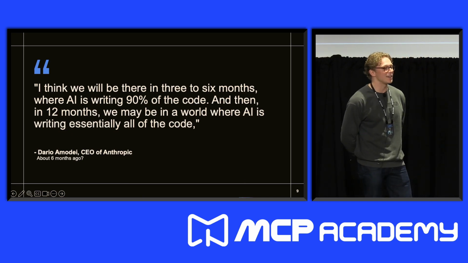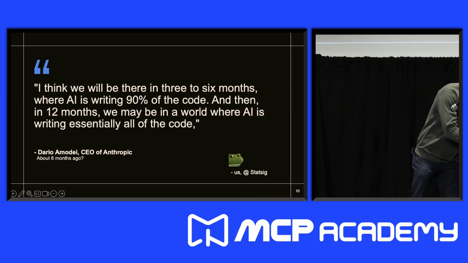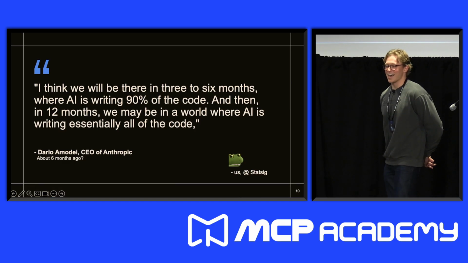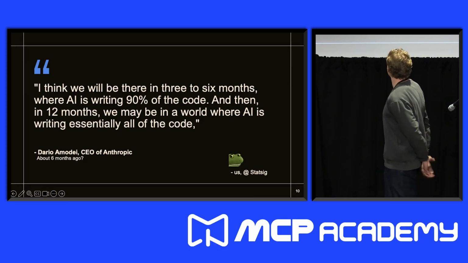I do think that AI is writing a lot of code, right? And that's us reacting to this at Statsig. Anthropic's one of our customers, and we're like, oh, AI agents can't create gates and experiments yet. That sounds really bad for us.